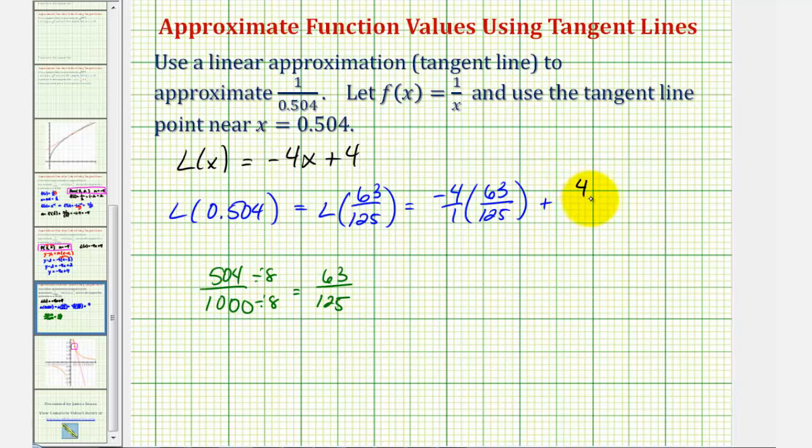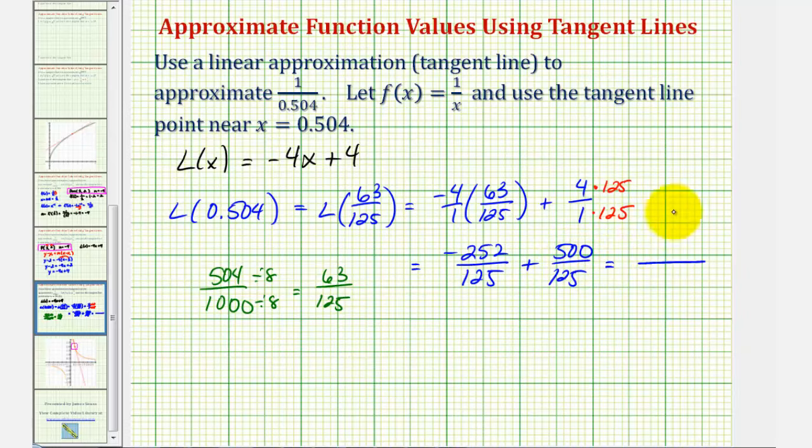4/1. Notice our common denominator would be 125. Let's multiply this by 125 over 125 to obtain our common denominator. So negative 4 times 63 equals negative 252 over 125 plus, this would be 500 over 125.